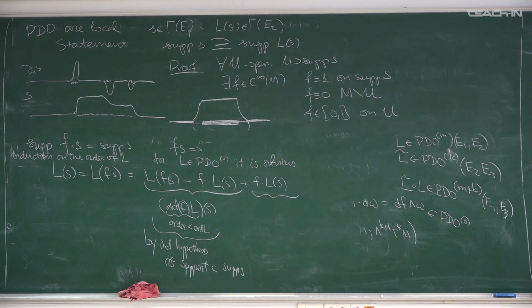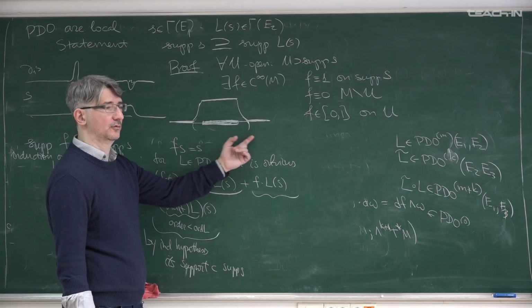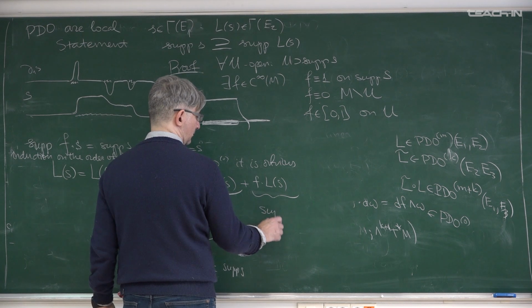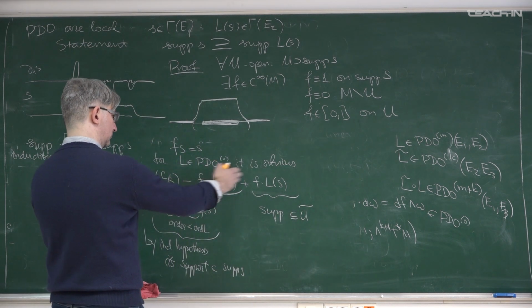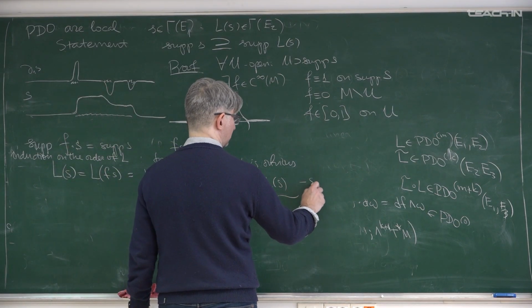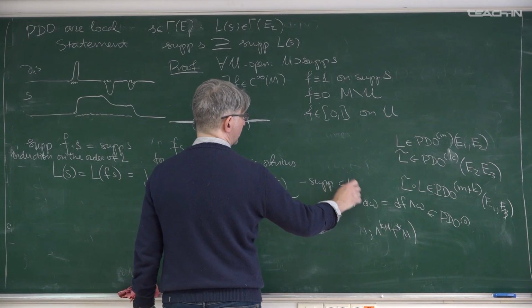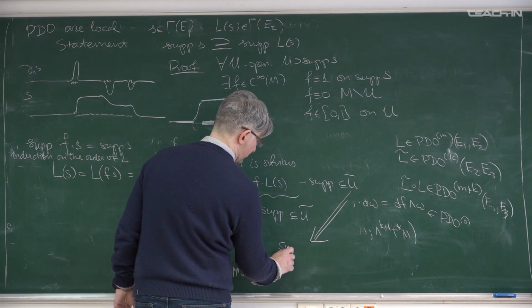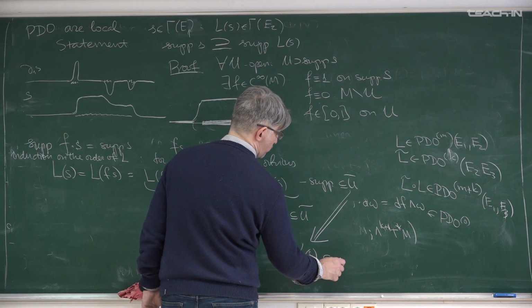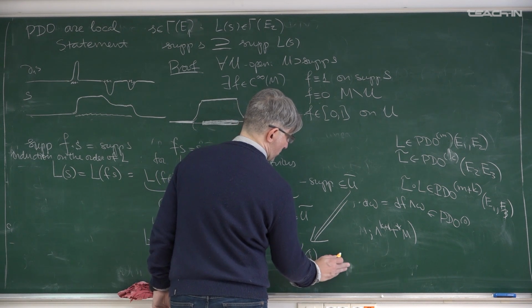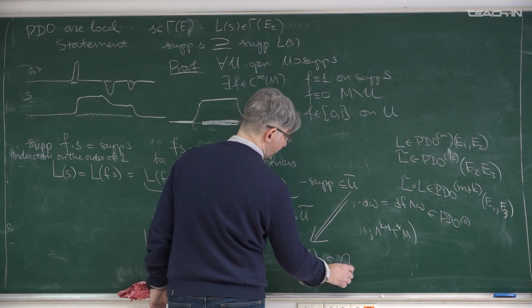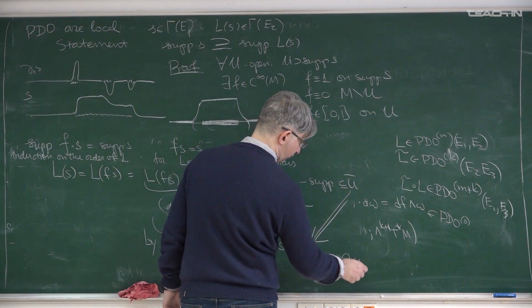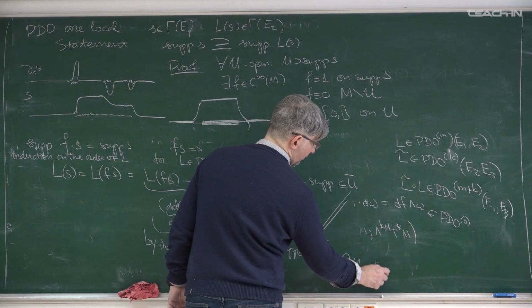No, I would say that it is U bar, the closure of U, because F, generally speaking, can be non-zero on U. So in general, the support is not greater than U. And since U is an arbitrary open set which contains that, we can write that the support of L of S is contained in the intersection of all such U's. So it is the support of S. That's all.